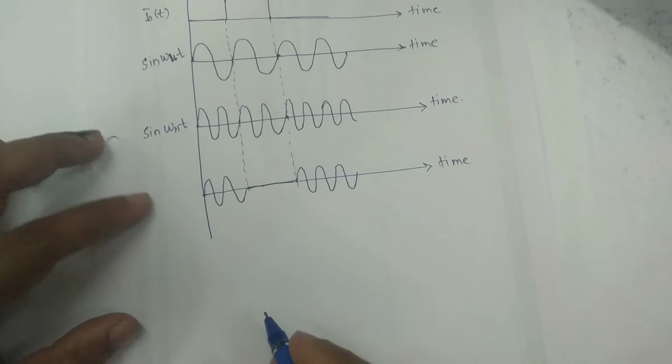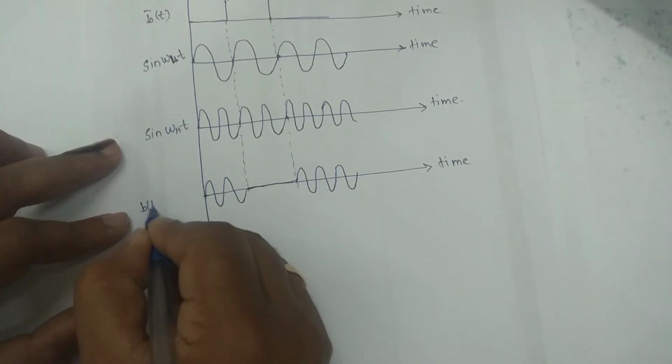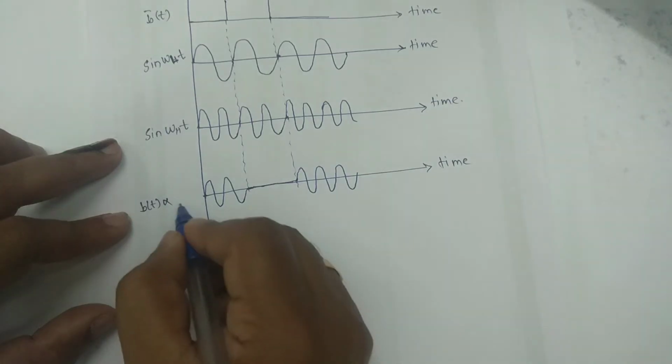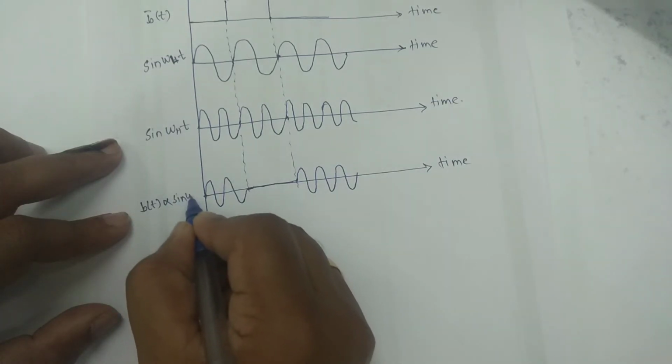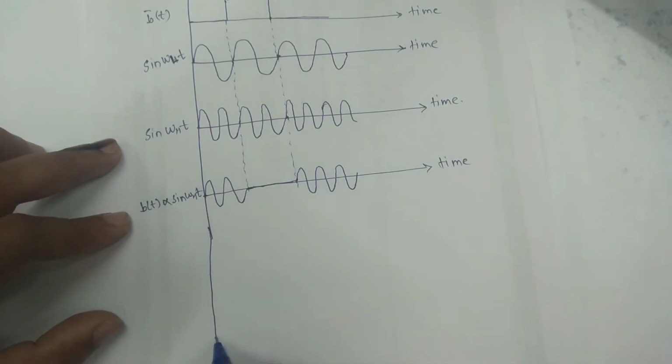So here we multiplied b of t with sin omega ht.